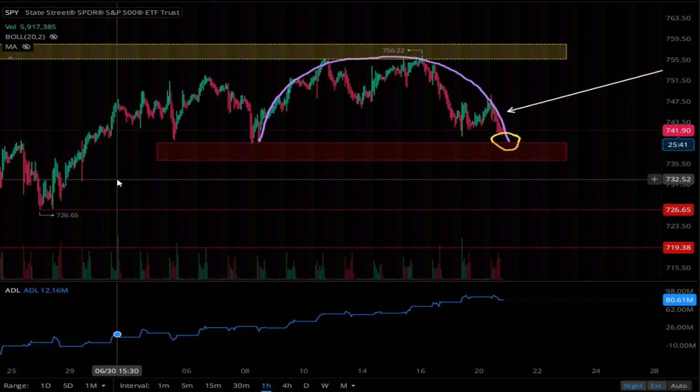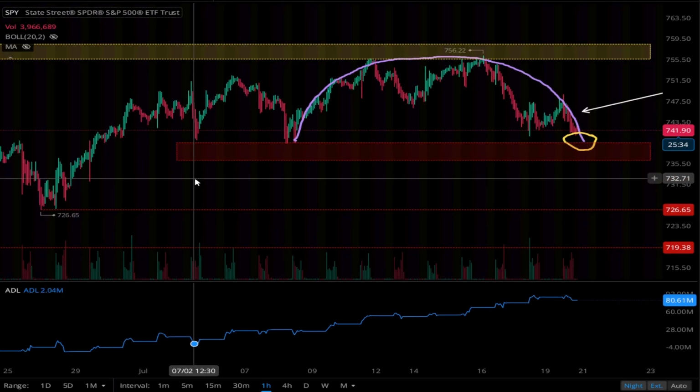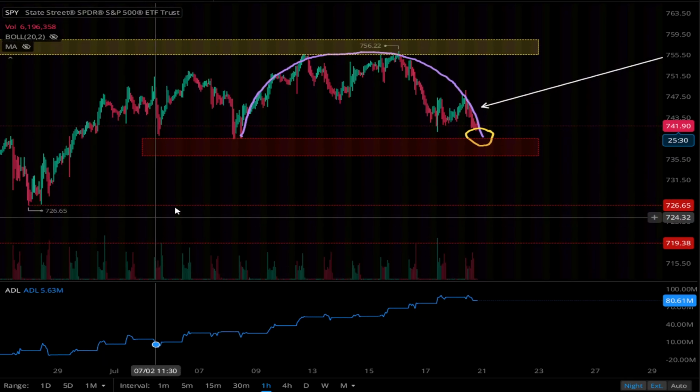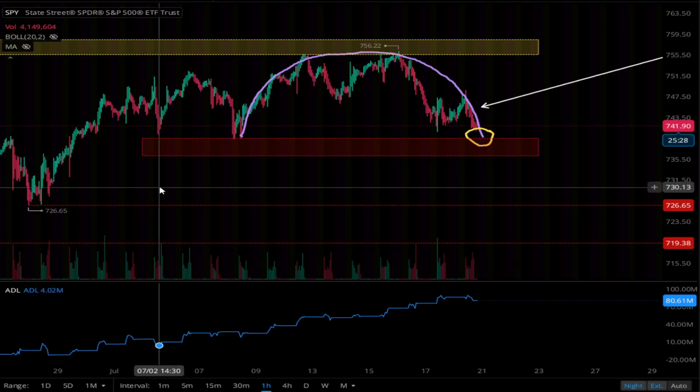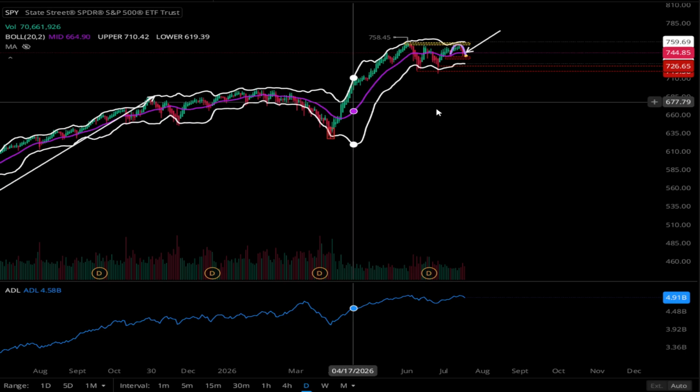Okay, I did not mark this one at the 732. Let me get the exact level. It's at this 732.11. That would be the next level to start watching for. But the one that I'm really looking at is this 726.65. And I want to correlate this on the daily time frame here for a moment.